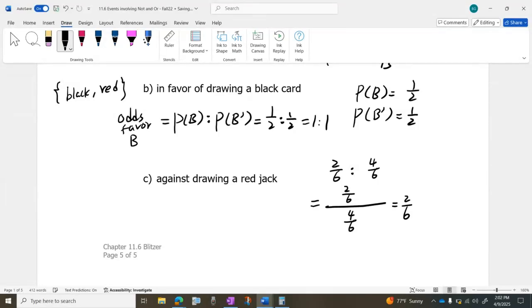We keep 2 over 6, change division to multiplication, and then flip this fraction to 6 over 4. And they cancel. 6 cancels 6. 2 over 4 can be reduced to 1 over 2. So 1 over 2 can be written as 1 to 2. Hope that helps a little bit.